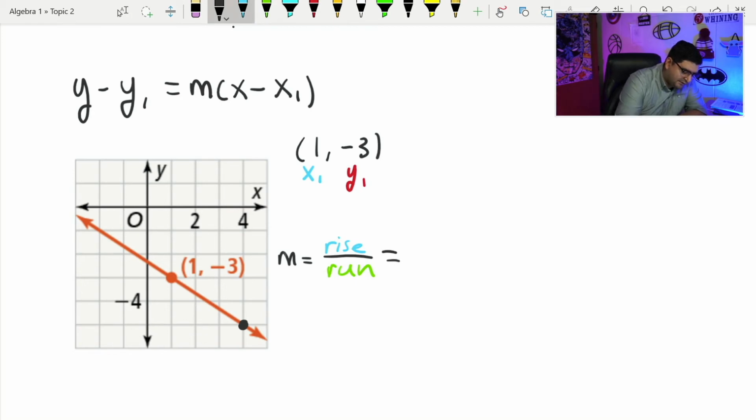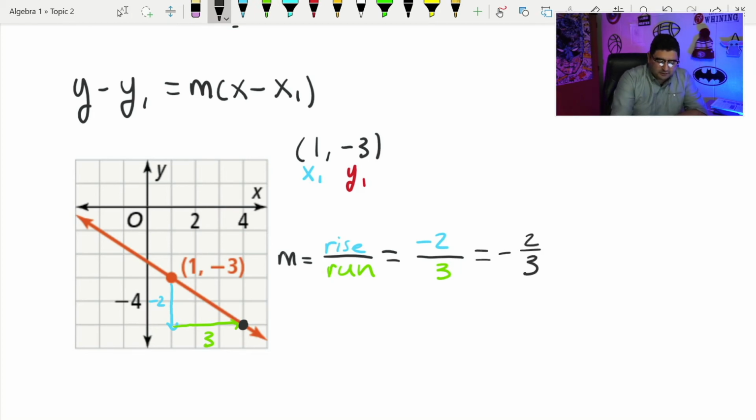And now we can count the spaces. See how far down it has to go. It goes down 2 spaces. So I'll have negative 2 over, how much did this run? 1, 2, 3. 3 spaces. So my slope ends up being negative 2 over 3.